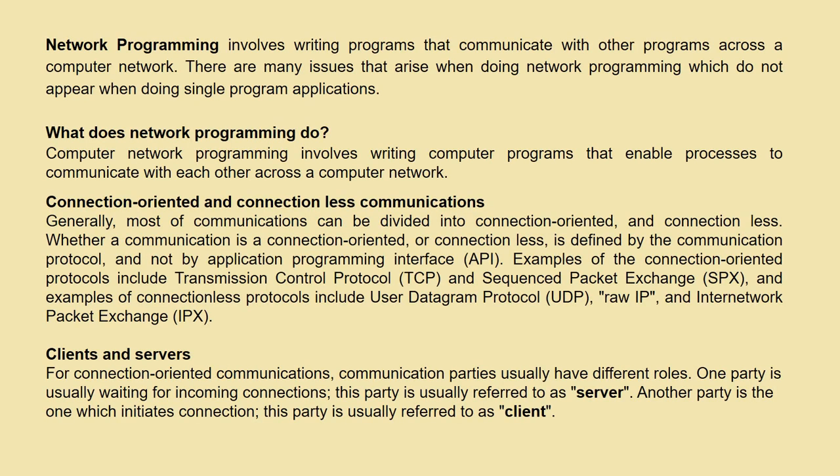Next is network programming. So what is network programming? Network programming involves writing programs that communicate with other programs across a computer network. There are many issues that arise when doing network programming which do not appear when doing a single program application. So what does network programming do?